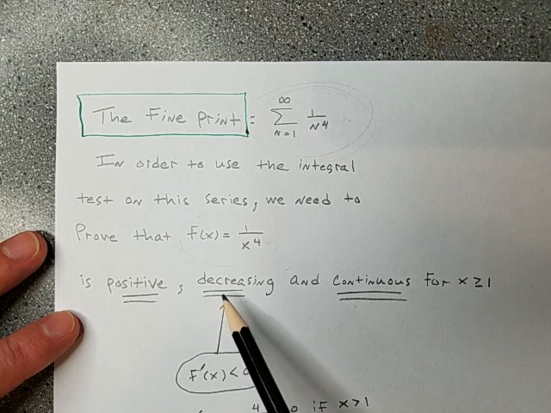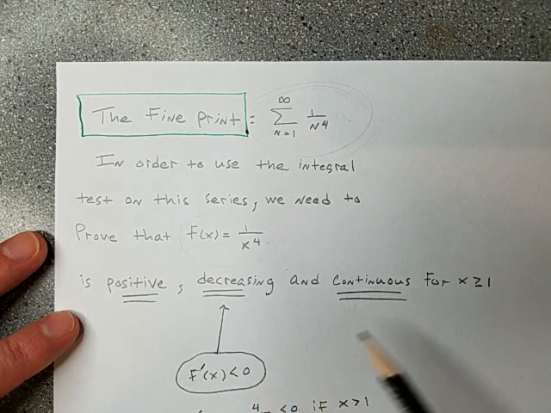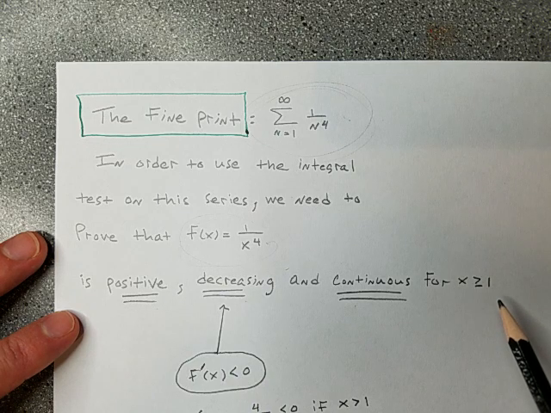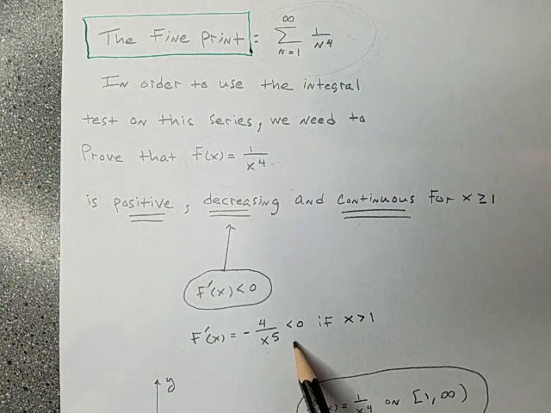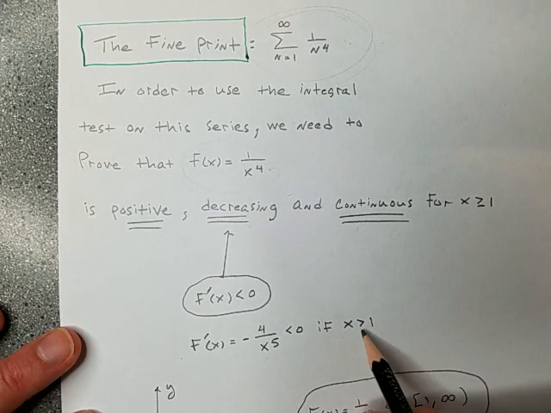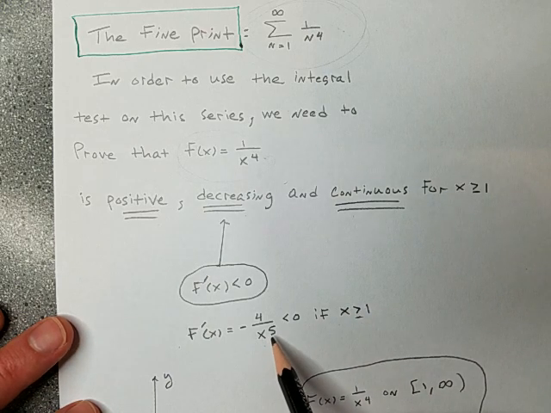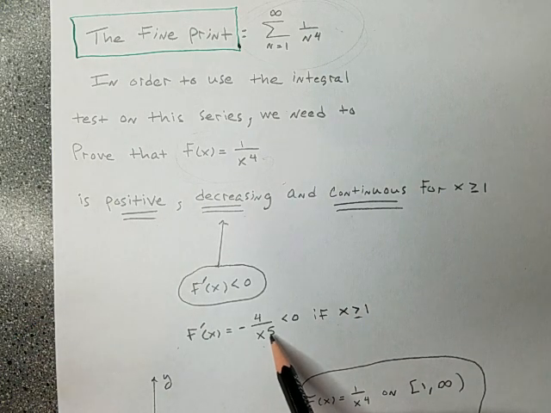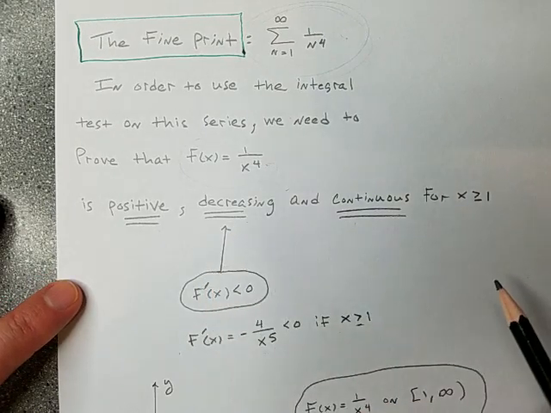So to show that this is decreasing, we would have to establish that the derivative is negative when x is bigger than 1. And so here's your derivative. It's negative 4 over x to the 5th power. And that will be a negative number if you put x bigger than 1 in, okay? Sure, because why is that? You put something bigger than 1 in, you raise it to the 5th power. That's going to be a positive number. And then you take negative 4 and you divide by that number, it's negative, okay? So that's how you establish it's decreasing.